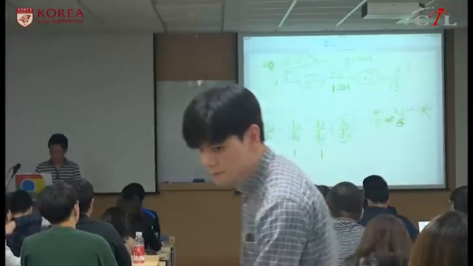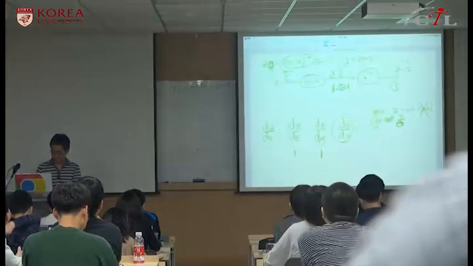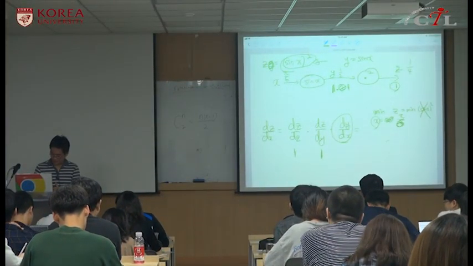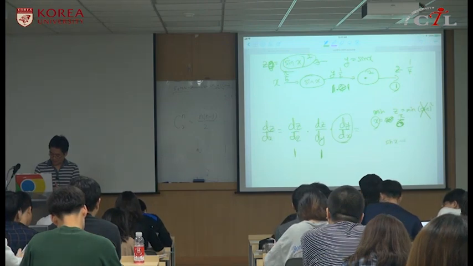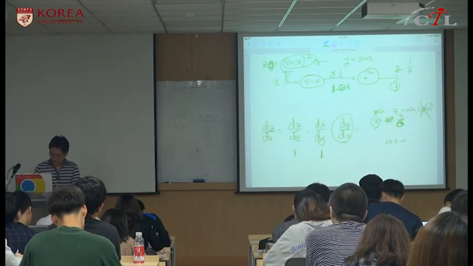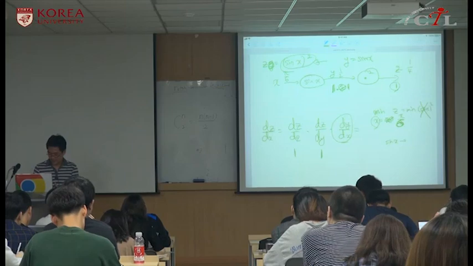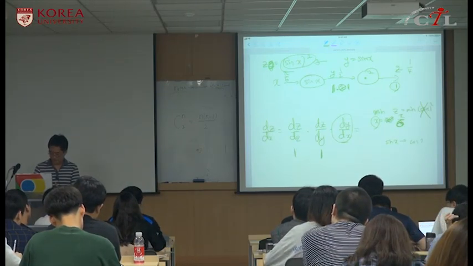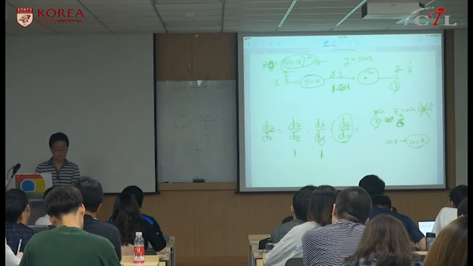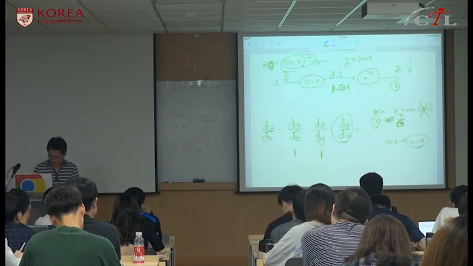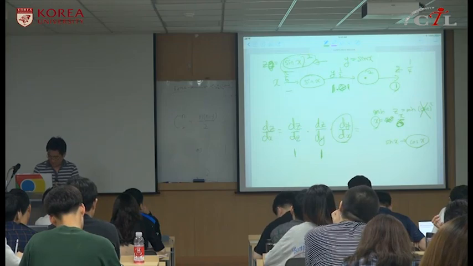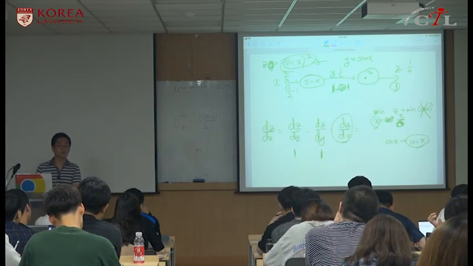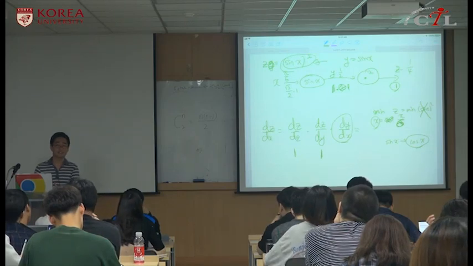And then what about this? So when x is pi over 6, I mean this is a derivative, so right, this is the backprop result, right?